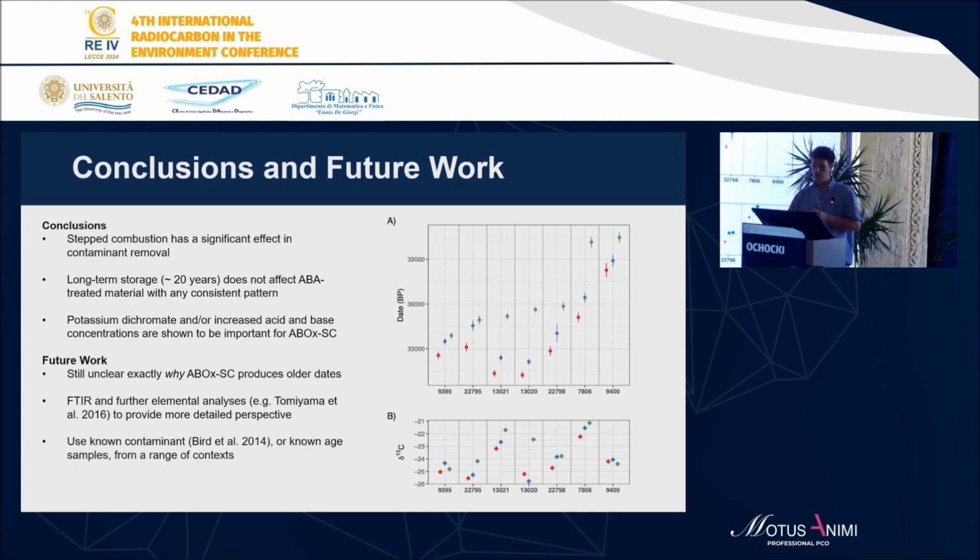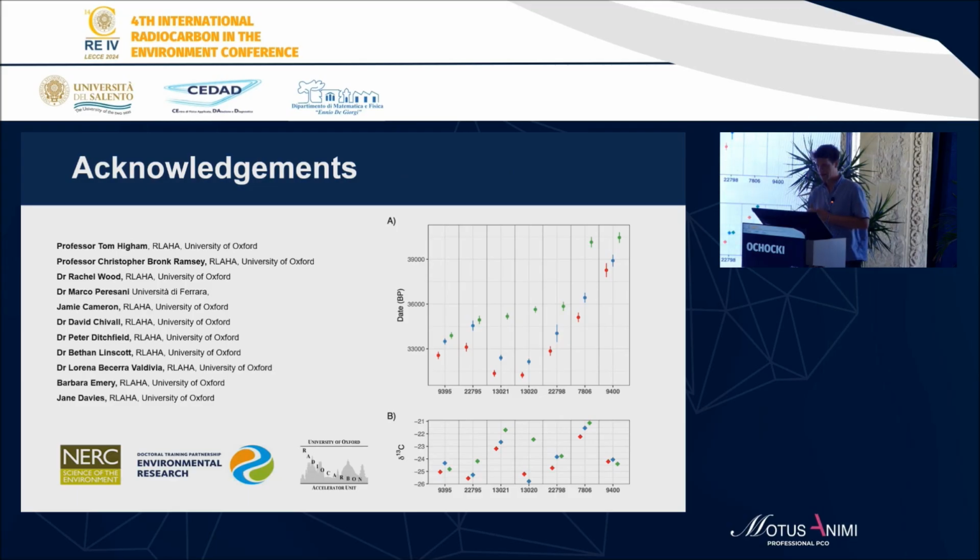Also, in the case of Fumani, these were unknown age samples, so there are examples of known age samples, or another method would be to spike the samples, contaminate them with a known contaminant. So, yeah.